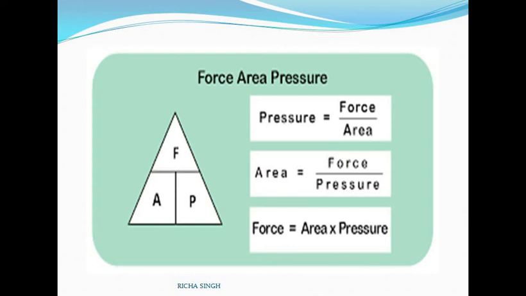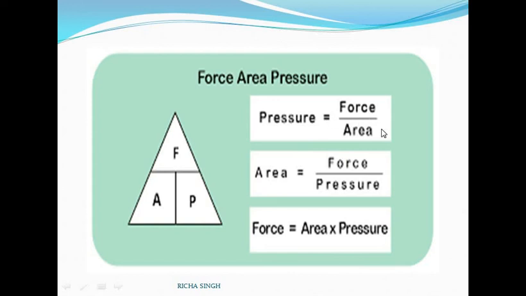One more thing we can derive from this formula, pressure is equal to force upon area. Means if the force is increased, the pressure will also increase. Therefore, it is said that pressure is directly proportional to force. If you are increasing the value of force, the pressure will automatically increase. Okay.